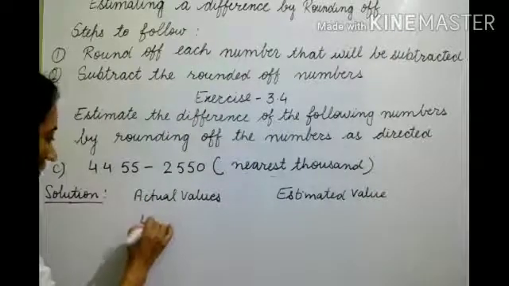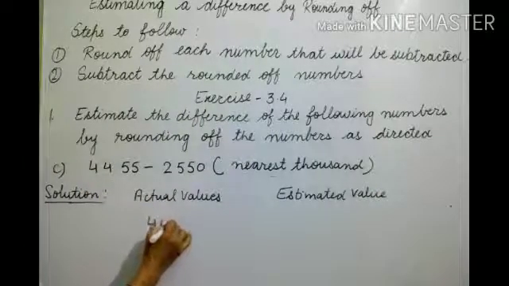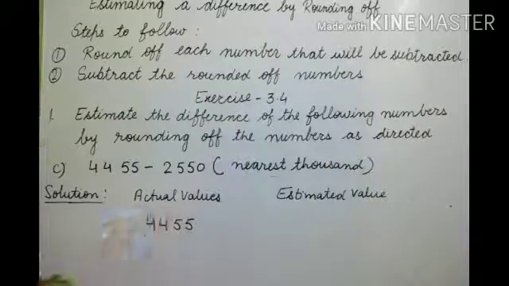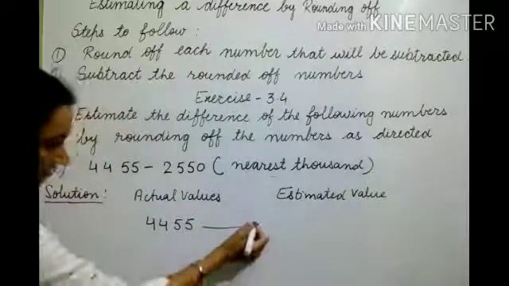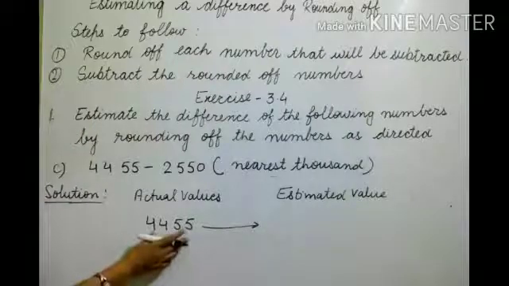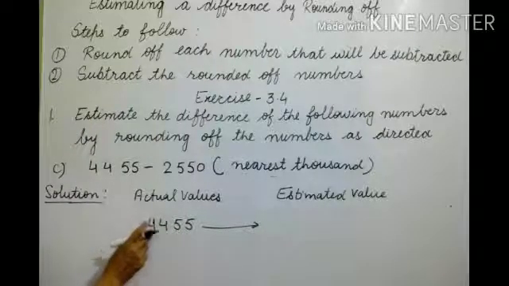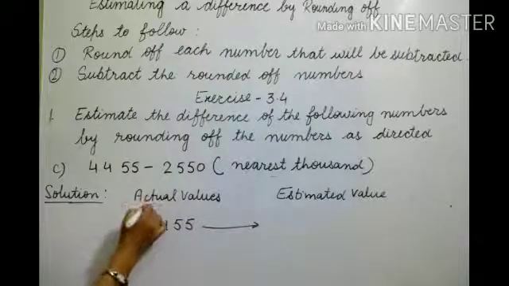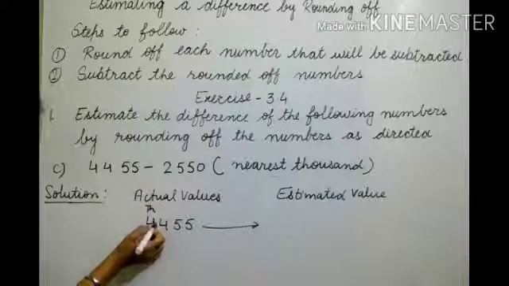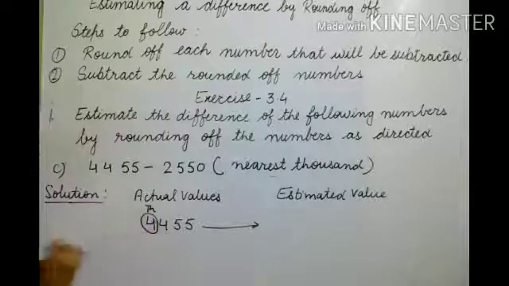First, write first number 4455 and find its estimated value, means round off to the nearest 1000. We will round off 4455 to the nearest 1000. So 1000 place digit we will circle.